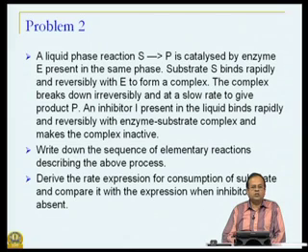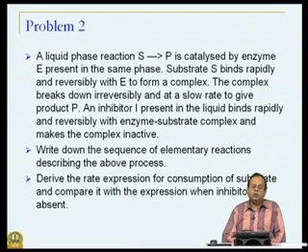Substrate S binds rapidly and reversibly with E to form a complex. The complex breaks down irreversibly and at a slow rate to give rise to product P. An inhibitor I present in the liquid binds rapidly and reversibly with the enzyme substrate complex and makes the complex inactive. Okay. So, this is a description of our mechanism.